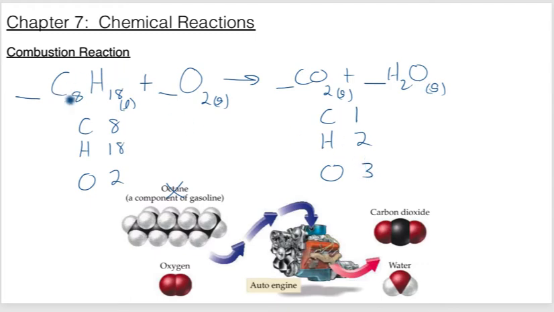So now I need to change these coefficients in front so that everything's balanced out. Notice one thing that I did here is that I did oxygen last, and that's pretty typical for a combustion reaction. There's a general rule of thumb when we're balancing these equations: if we have elements in their elemental form, free elements, those elements are balanced last.